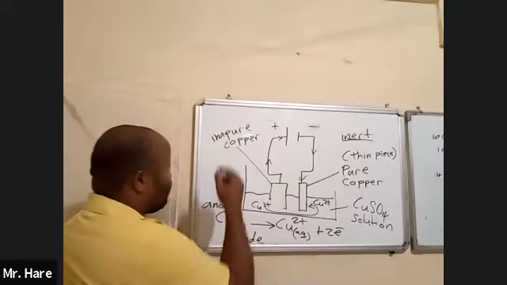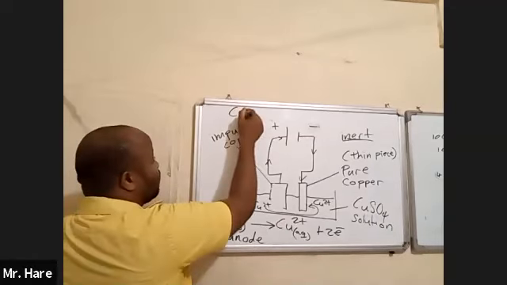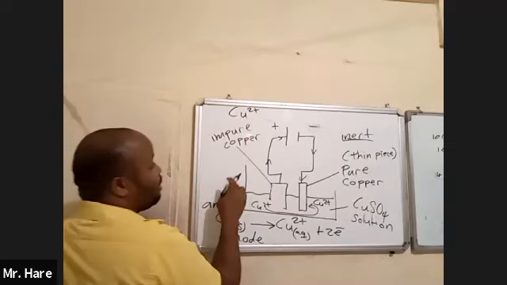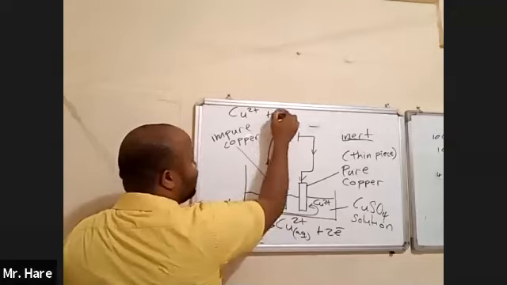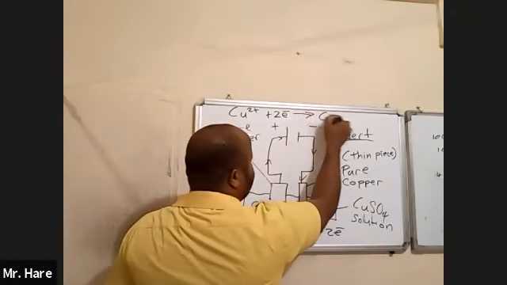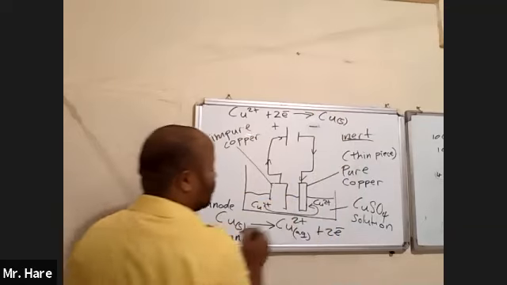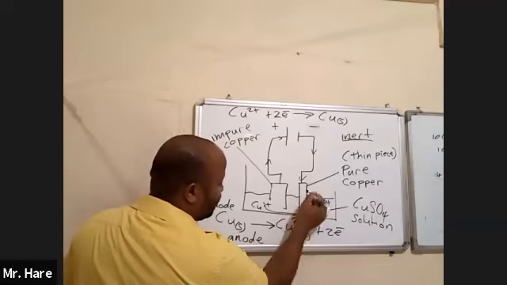And we already know that at the cathode, reduction is going to take place. So the copper 2+ ions that migrated to the cathode are going to gain 2 electrons to form copper atoms. These atoms are going to attach to the cathode.